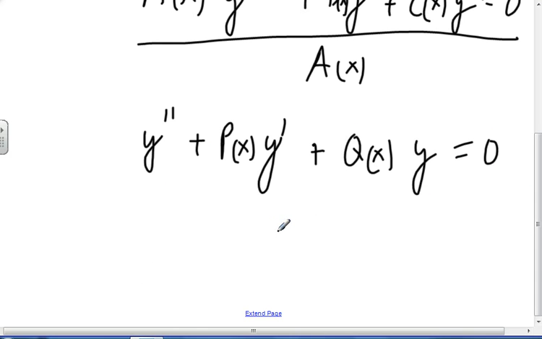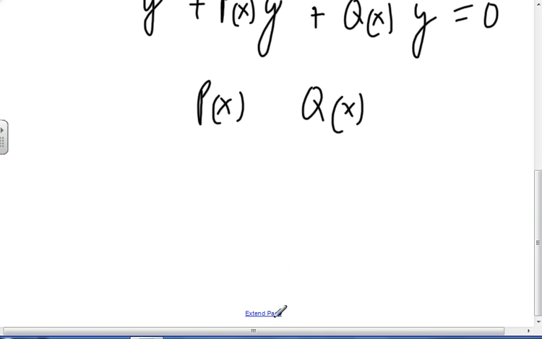And then we look at this p of x and q of x, and if both of these are analytic near the point that we're solving for, then we have an ordinary point.